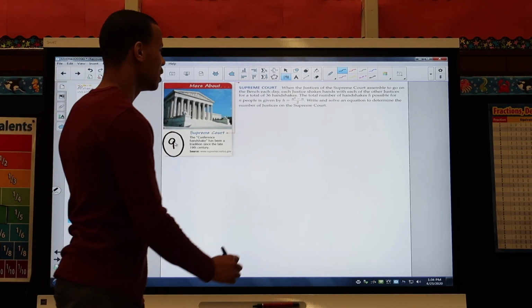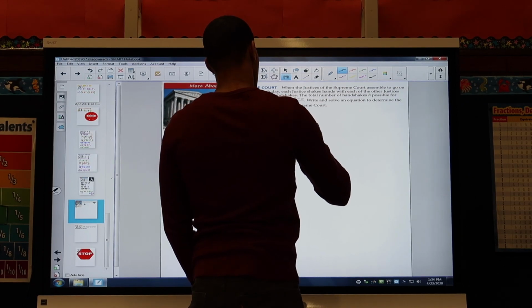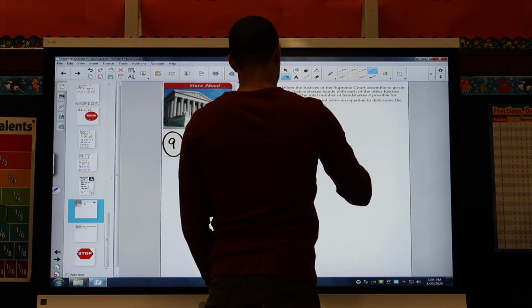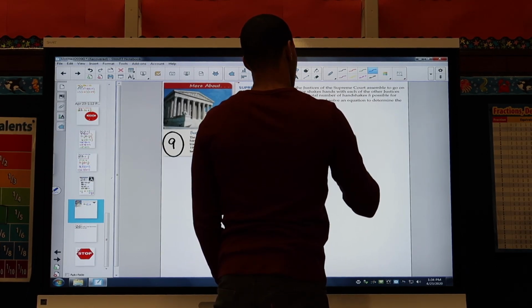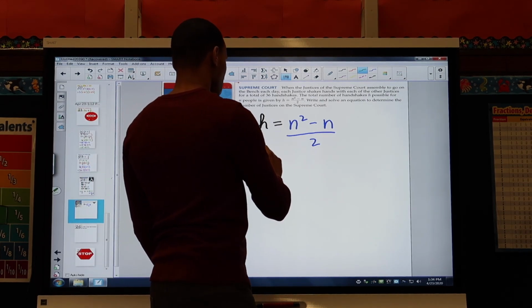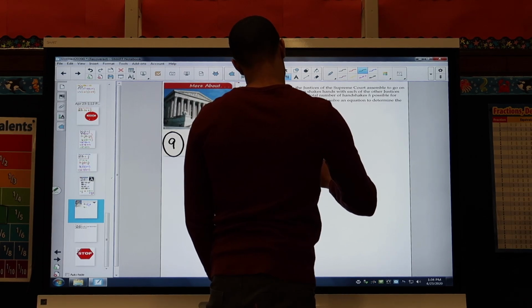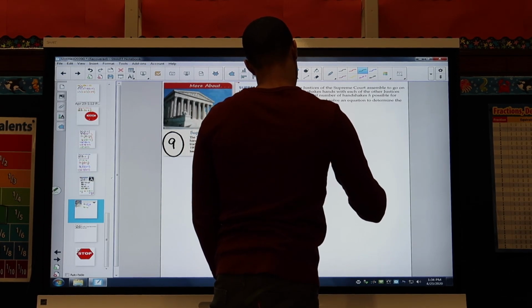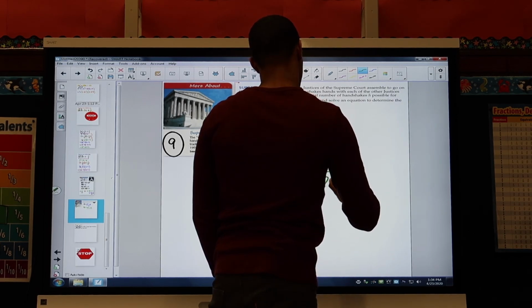So let's see. So you have that h is equal to n squared minus n divided by 2, right? So h is how many handshakes, right? So this would be 36 equals n squared minus n divided by 2, right?